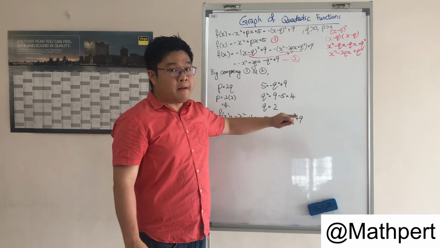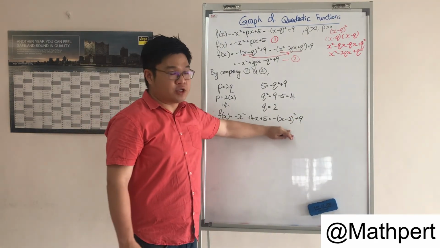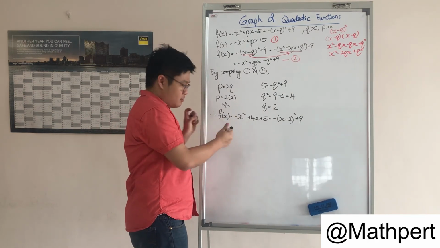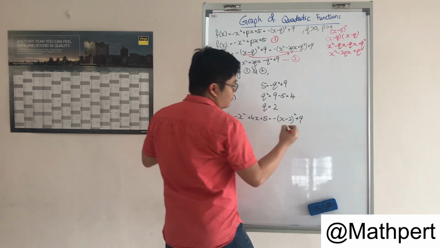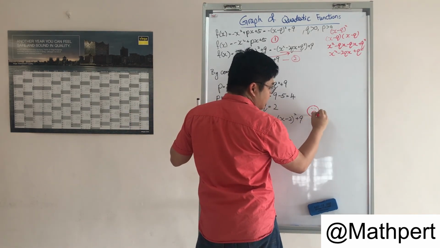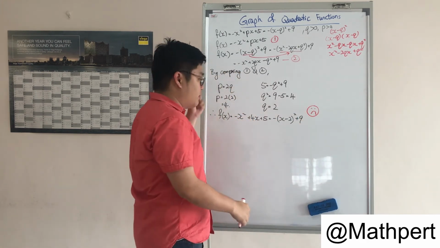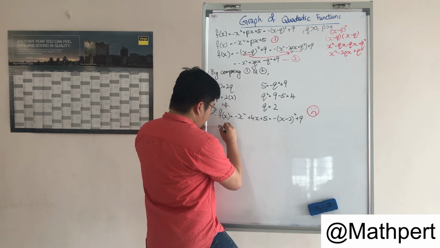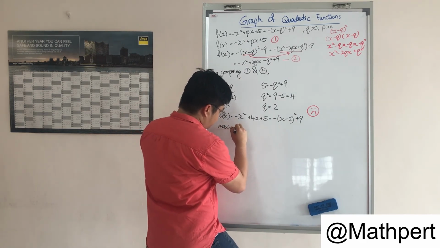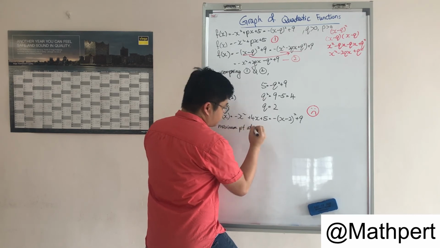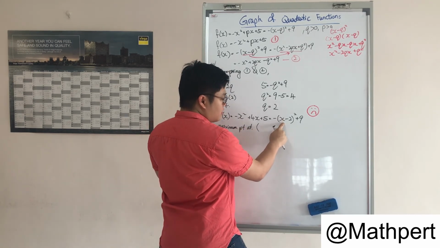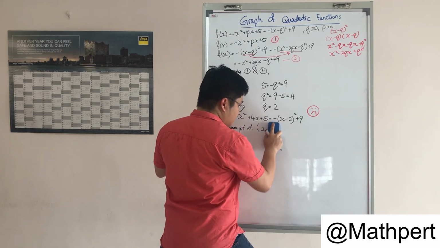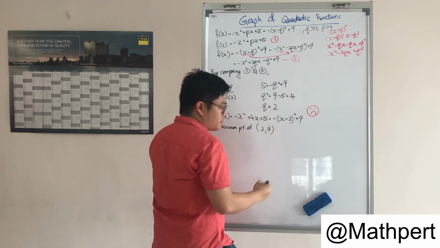Now let's determine the maximum or minimum point of this quadratic function. Here, the coefficient of x squared is minus 1, so the graph has a maximum. And the maximum point is at 2 and 9.